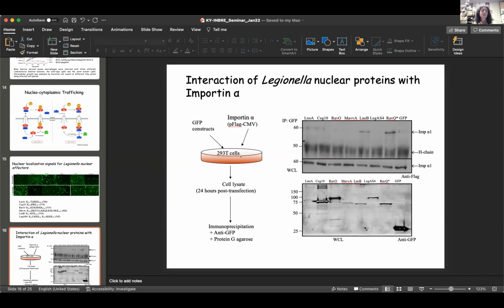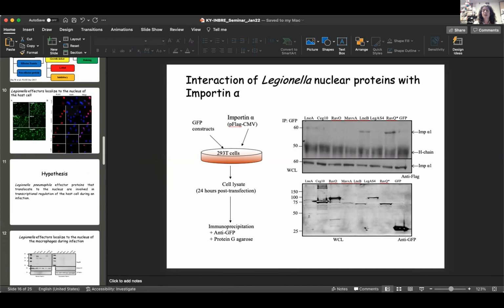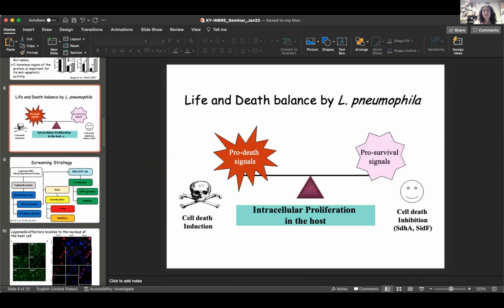That's what I was thinking of when you were saying they're not toxic to the cells. And I see now that's a different kind of assay. And hopefully you're working with these nuclear effectors that are doing something that's either damaging, as you say, to the host cell or helping the Legionella survive.